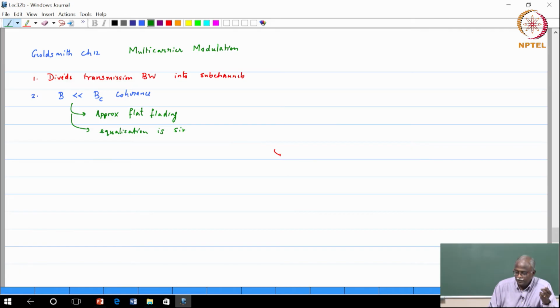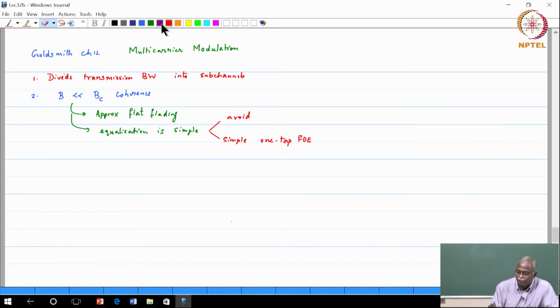Why? Because you know that you can do a single tap frequency domain equalizer. So, either you can avoid the equalizer, which means you will have some residual ISI to contend with, or you can have a simple one tap FDE. Both of which are very useful for us to understand.